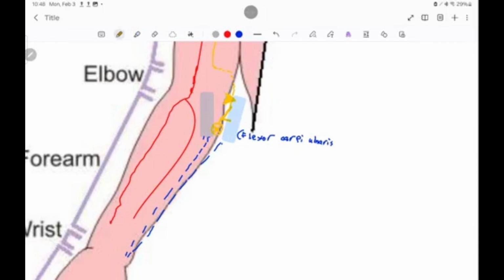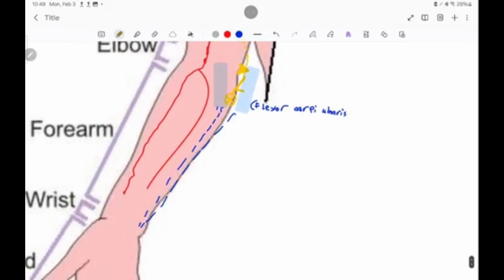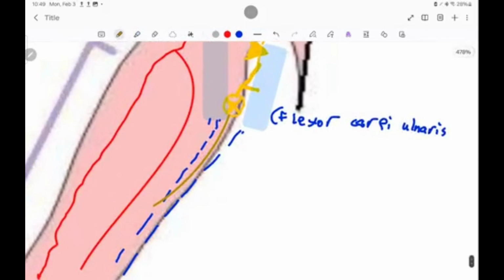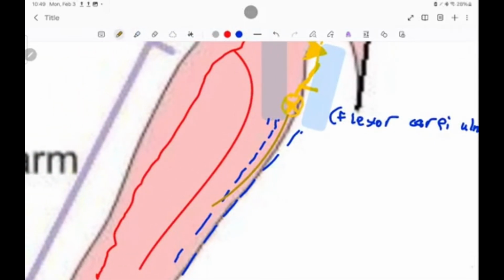The flexor carpi ulnaris and the medial half of flexor digitorum profundus, which is deep to the flexor carpi ulnaris. These are the muscles in the forearm that this nerve has supplied. Okay. Now we will continue with the nerve. It will course down. Okay, it will then move lateral to the tendon of flexor carpi ulnaris. You see, it was in the middle. Now it moved lateral.